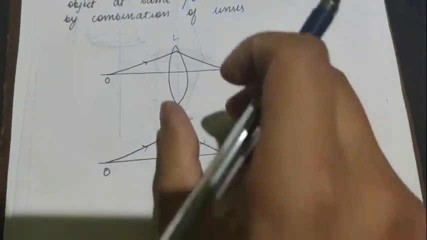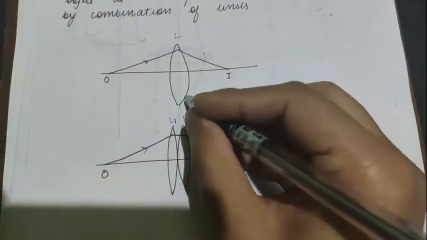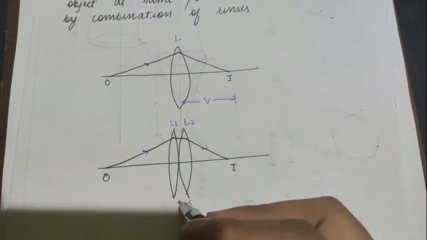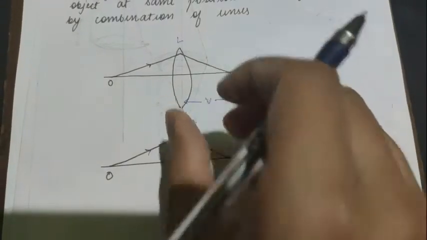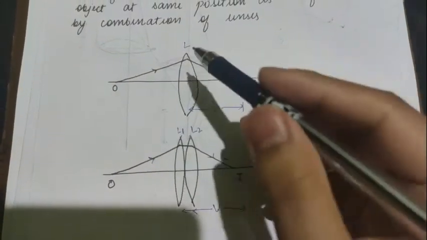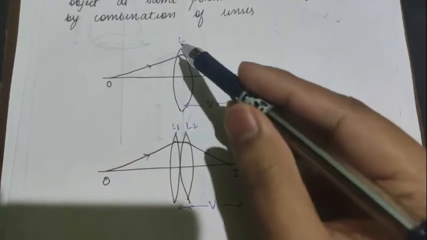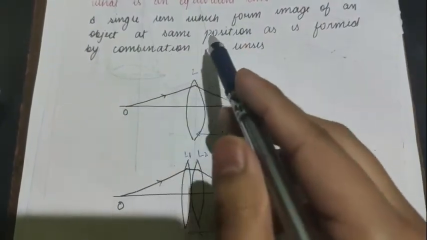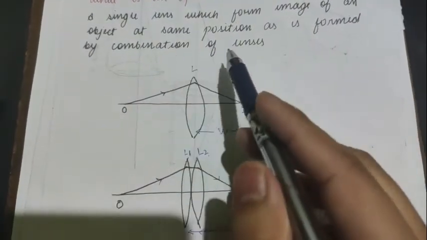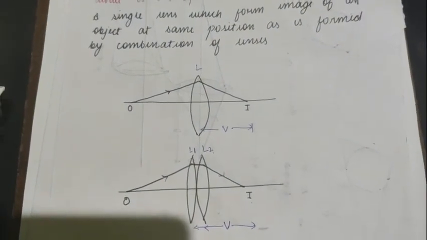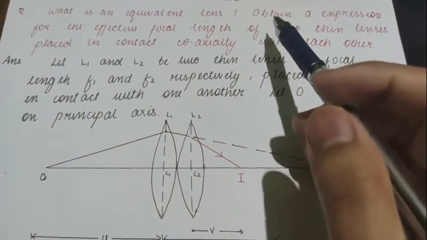And both of them form the image at the same distance V. In such cases, your single lens L will be the equivalent lens of L1 and L2: a single lens which forms the image of an object at the same position as is formed by the combination of lenses. Is it clear? Okay, what is the next part of the question?